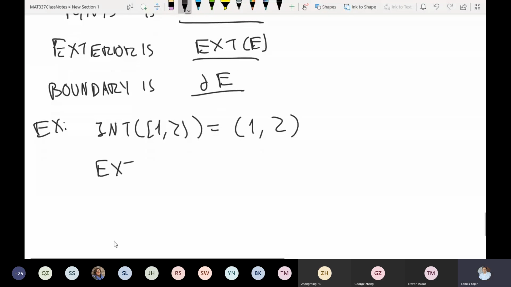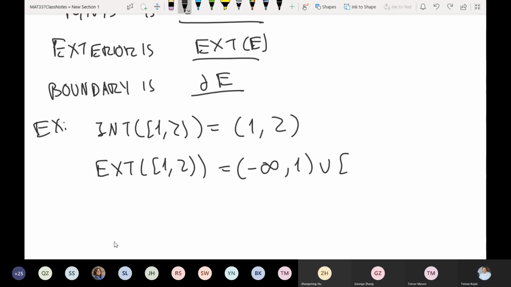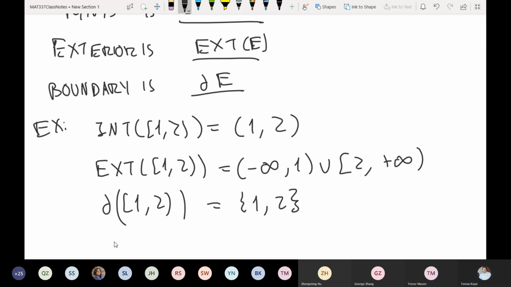The exterior of closed [1, 2] is the set (minus infinity, 1) union (2, plus infinity), and the boundary of [1, 2] is the singleton 1 and 2. Okay.